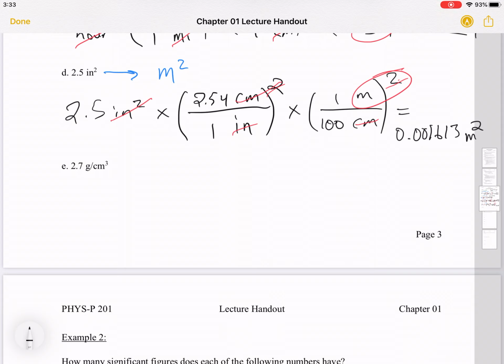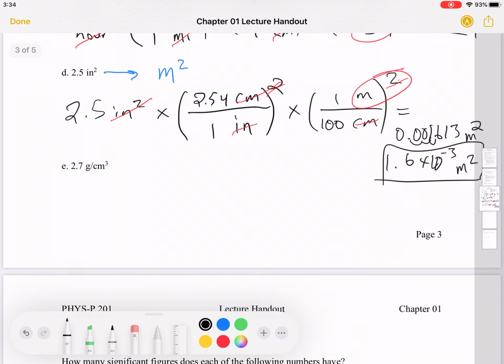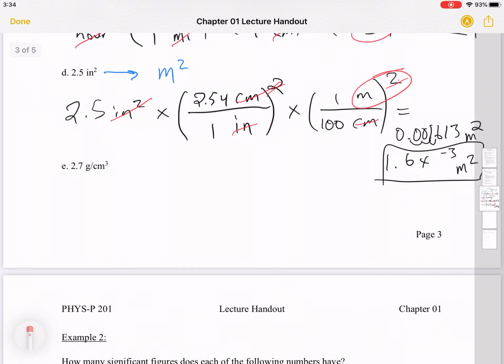Or I could write that in scientific notation, 1.6, and let's just drop the rest of the digits, times 10 to the minus 3 meters squared. Okay, that's only slightly illegible, which I'll take. Okay, let's call that good.